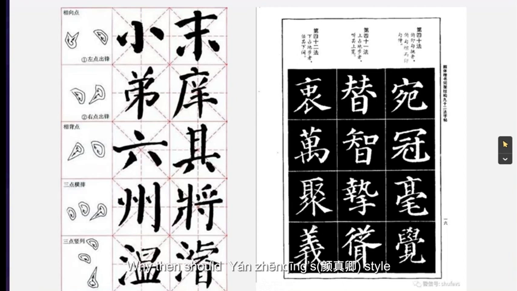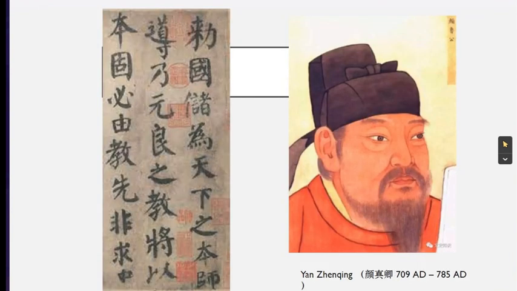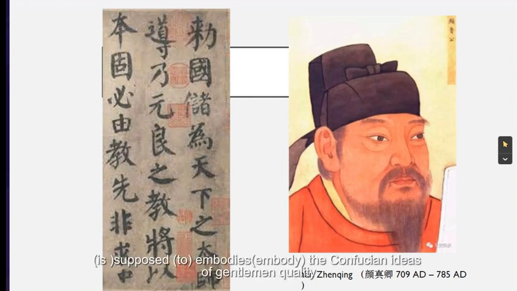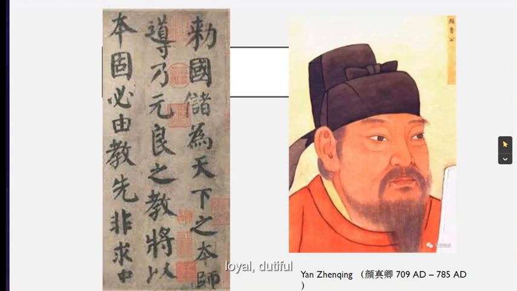Why then should Yan Zhenqing's style have become the standard? One of the main reasons is that his way of writing was supposed to embody the Confucian ideals of gentleman quality: loyal, dutiful, upright, and gentle.